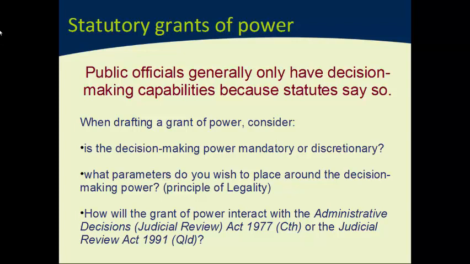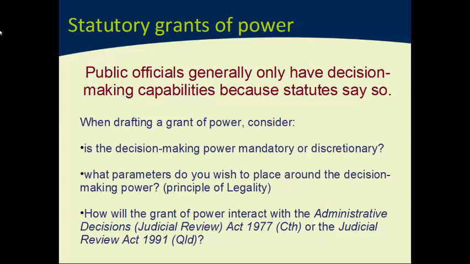If you're writing a statutory grant of power, you need to think very carefully about three provisions. First, is the decision-making power mandatory or discretionary? So, if the circumstances arise for a decision to be made using this power, does the public servant have a choice?